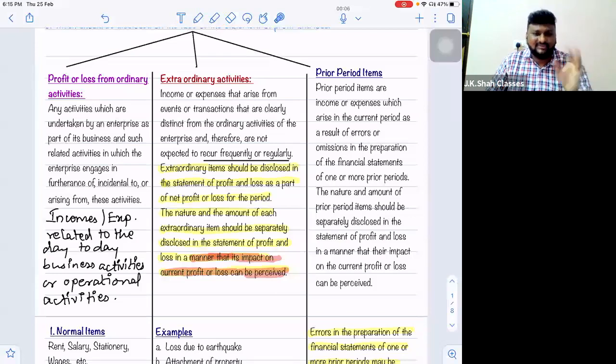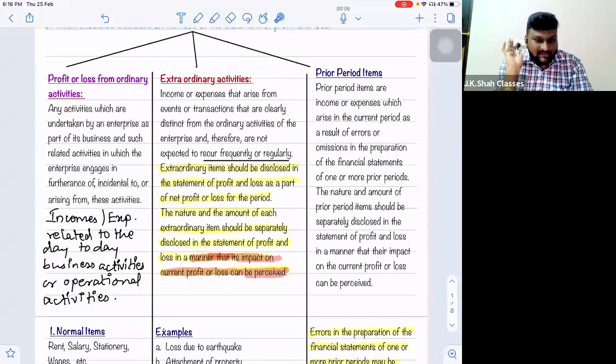But today, on 14th of February, some girl accepted the proposal, because we say that love is blind, right? The love was really blind, so she accepted the proposal. So on technical basis, I will say that that day was extraordinary for him, because in the normal activities he always got a rejection, but today he is getting an acceptance. So technically that is extraordinary.